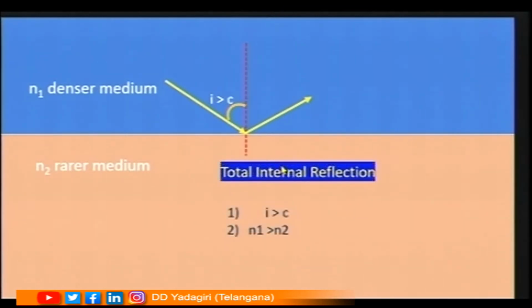This phenomenon is known as total internal reflection. So to get total internal reflection, two conditions must be satisfied: the incident angle is greater than the critical angle, and the light has to travel from a denser medium to a rarer medium.